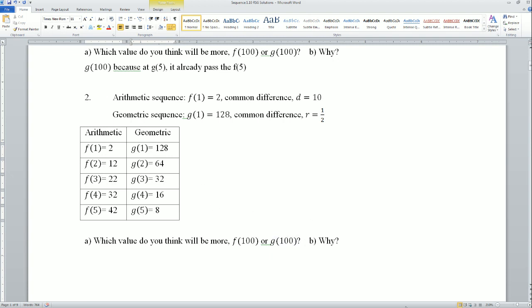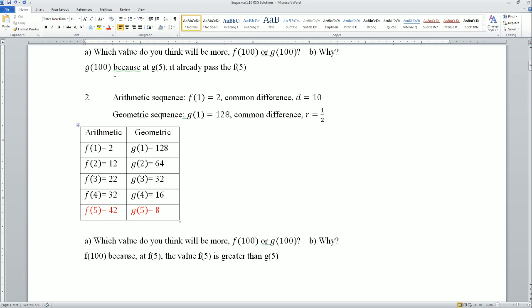There you go. So which one do you think will be more at 100? Here I would say it would be F of 100, because at F of 5 the value of F of 5 is greater than G of 5.